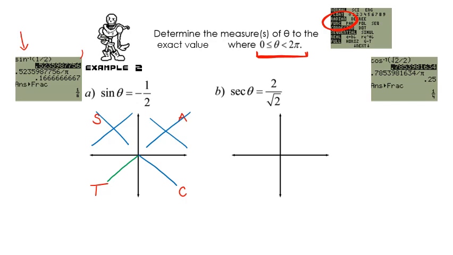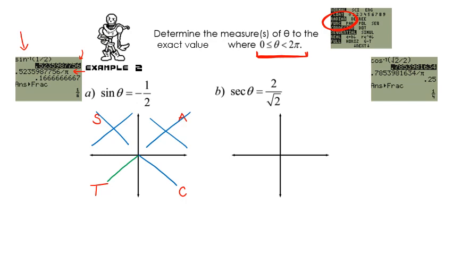You're going to get a decimal of 0.5235 and so on. To get an exact value, what you're going to do is take that number and divide it by pi. You'll get 0.16 repeating. We're going to turn that into a fraction using our calculator.